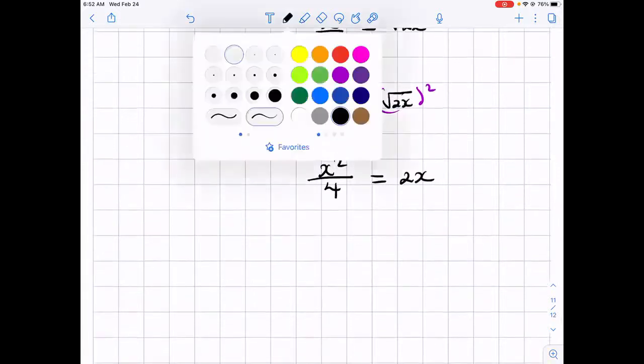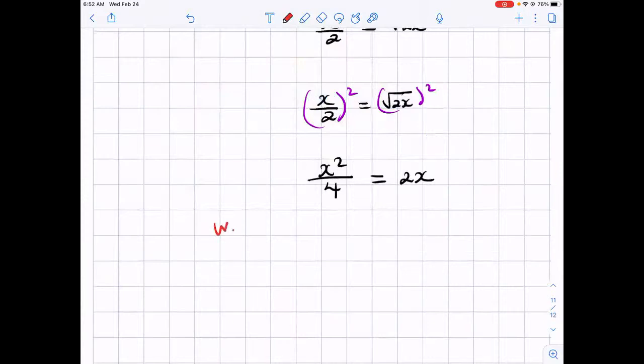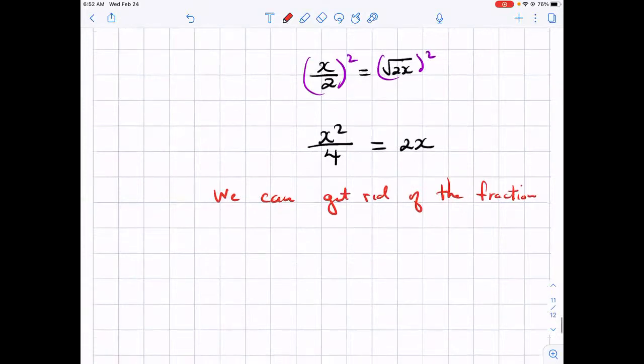So notice if you multiply both sides by 4, so let's make a note, we can get rid of the fraction by multiplying both sides by 4.